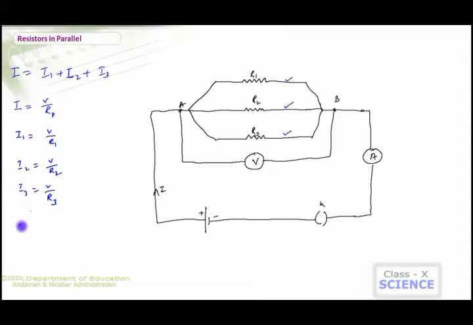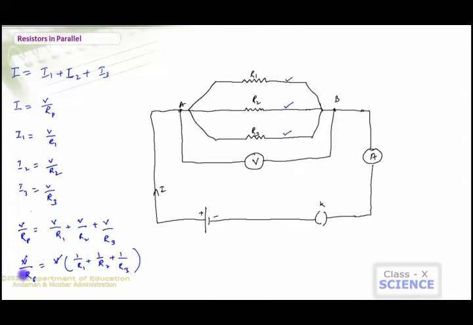So we can write V by Rp is equal to I1 plus I2 plus I3, where the value of I1 is V by R1, so V by R1 plus V by R2 plus V by R3. By taking V common, we will get V by Rp is equal to V times 1 by R1 plus 1 by R2 plus 1 by R3.